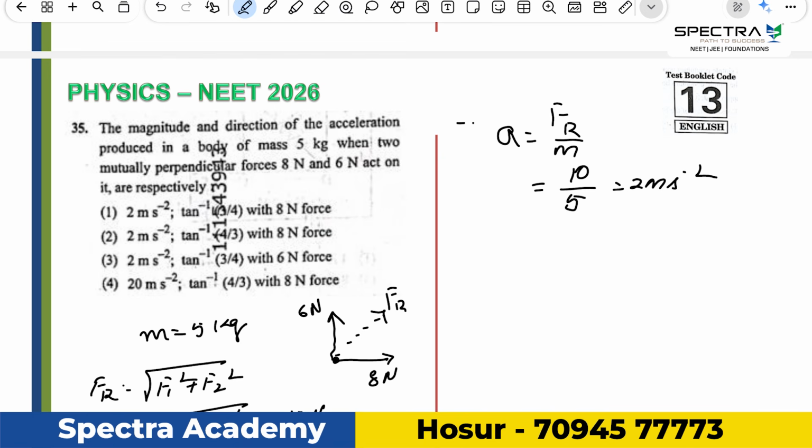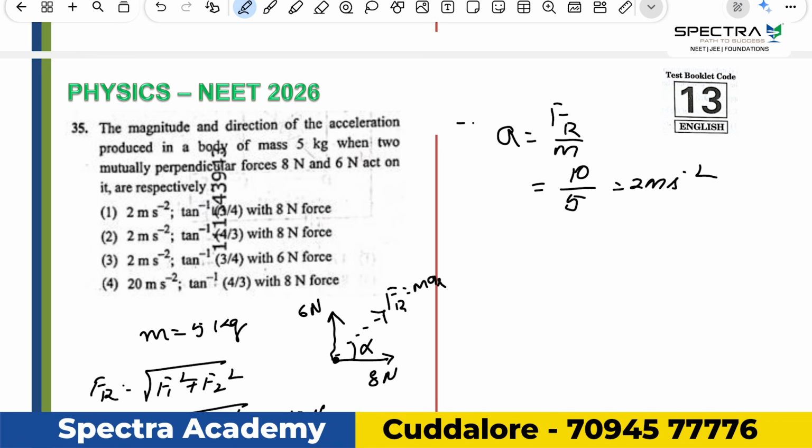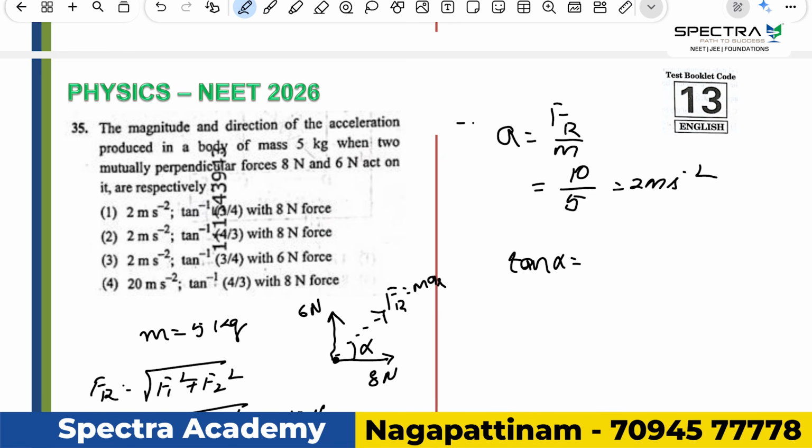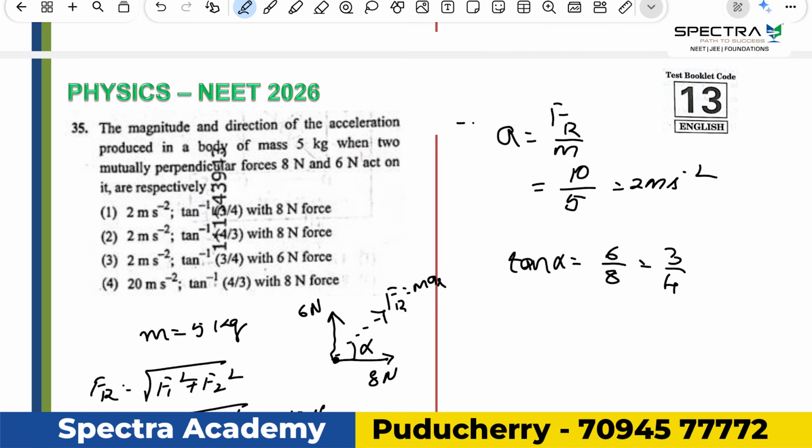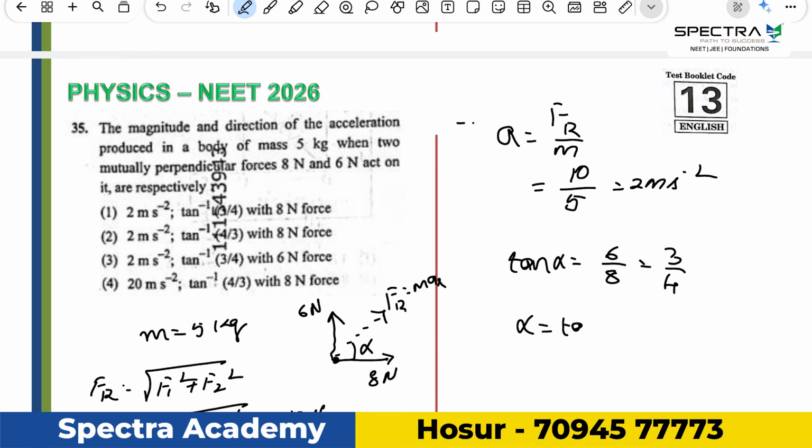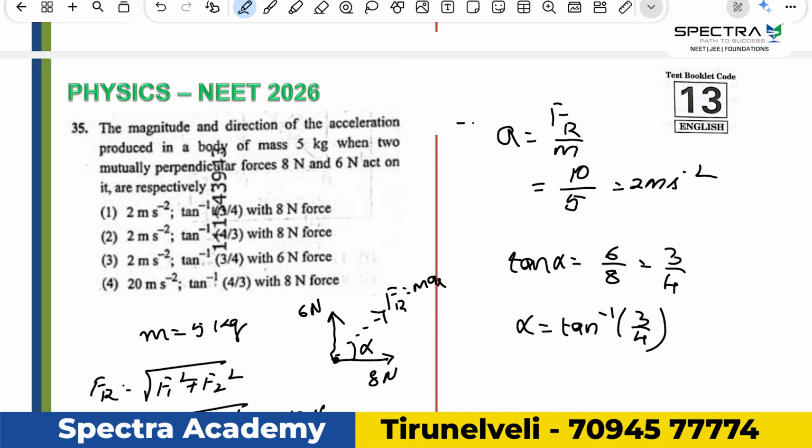Now let us find out the angle made by the resultant acceleration. Let us say alpha is the angle made by the resultant acceleration. Observe this: tan alpha is equal to 6 by 8, which is nothing but 3 by 4, so alpha is equal to tan inverse of 3 by 4.